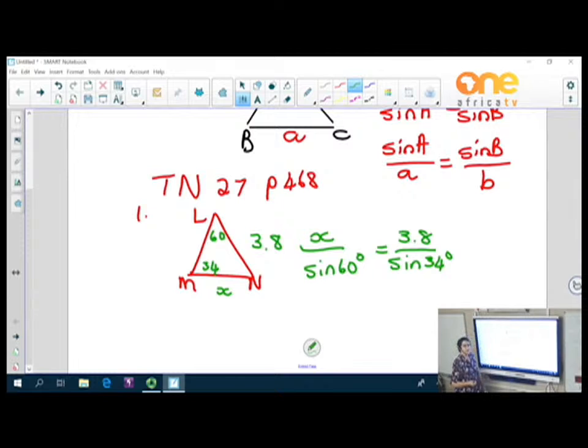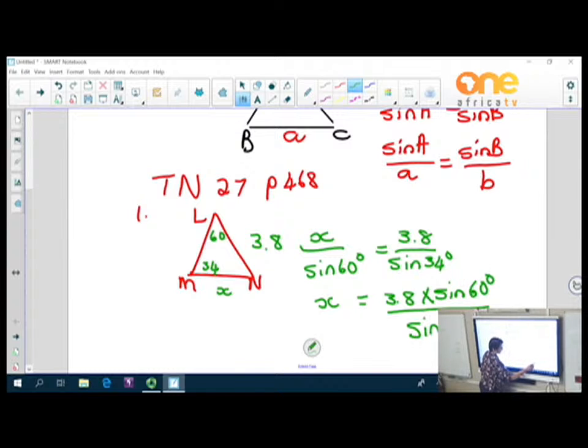Now to calculate it, we do it with algebra. I want to find x, so this is going to be 3.8. To get x alone, I will multiply by sine 60. What I do on one side, I do on the other side, and then we divide by sine 34 degrees. That's just the calculation we do on our calculators.